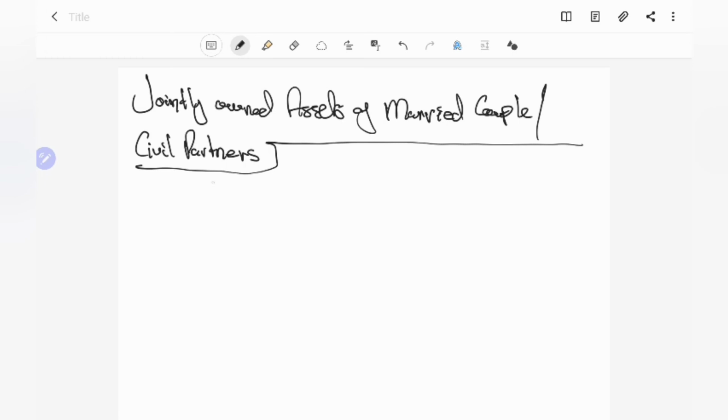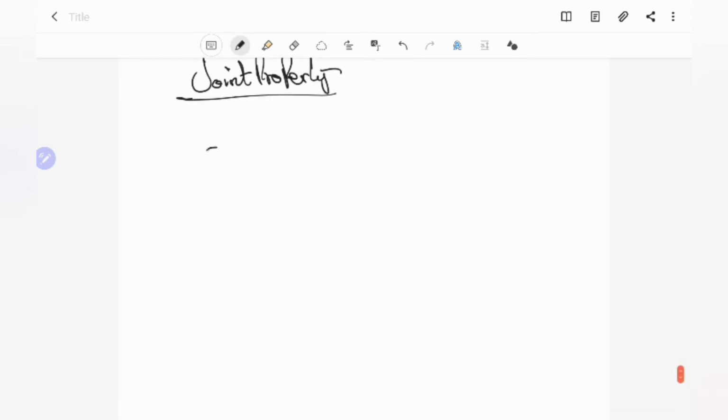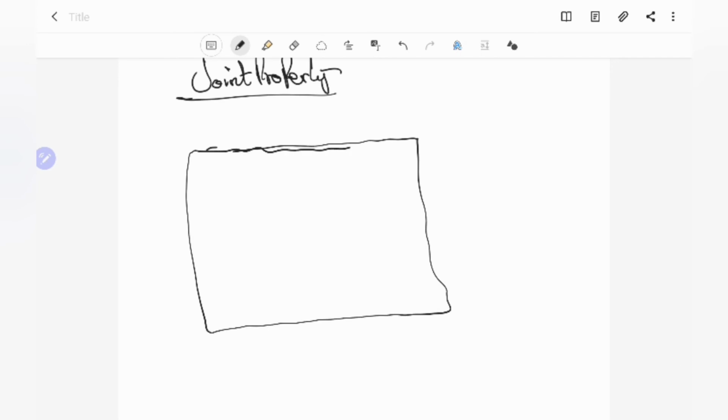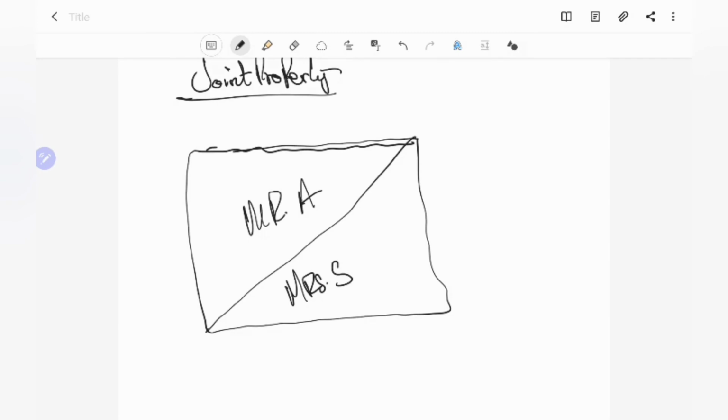So if they have joint property, for example, this is a property, and Mr. A and Mrs. S own this property jointly, right?